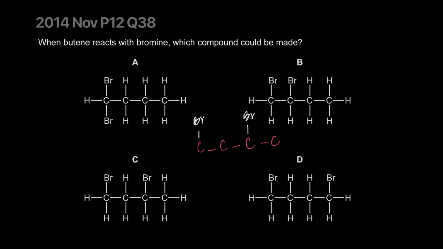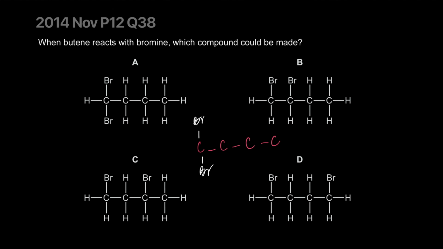No, because when the bond breaks from here, the bromine will be here or here. And if the bond broke from here, the bromine should have been on this carbon over here, right? So they have to be right next to each other. The other thing won't happen either, where the same carbon gets both bromines. It doesn't happen like that. This won't happen either.